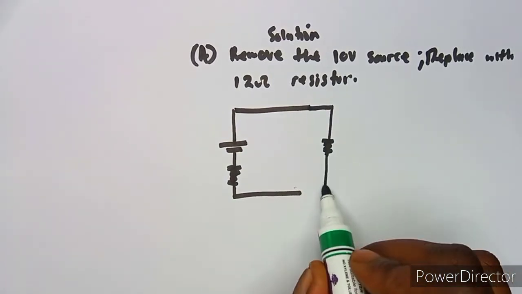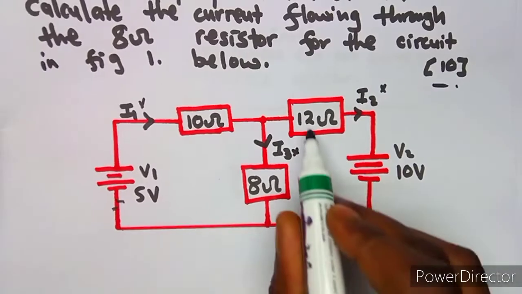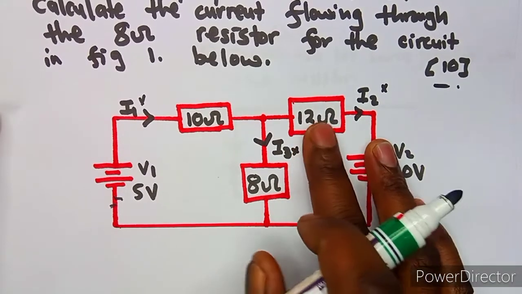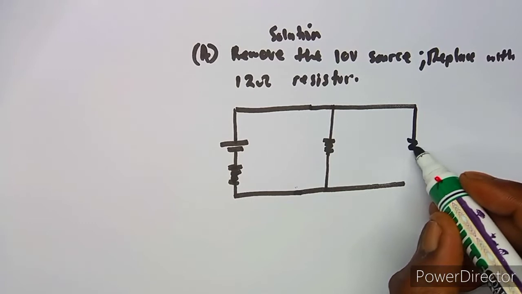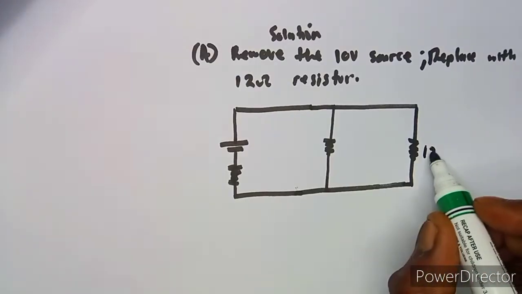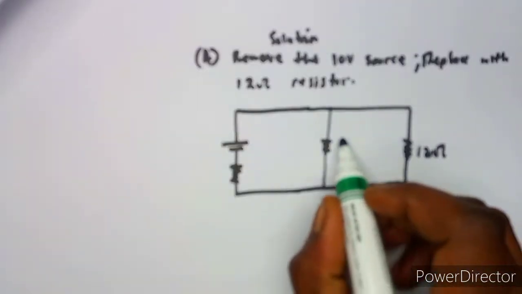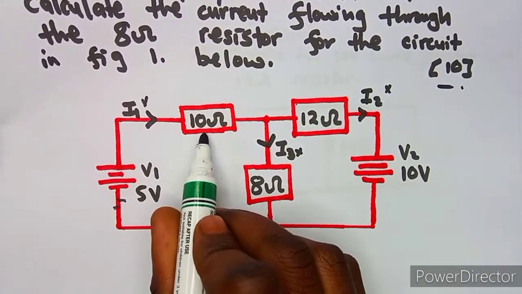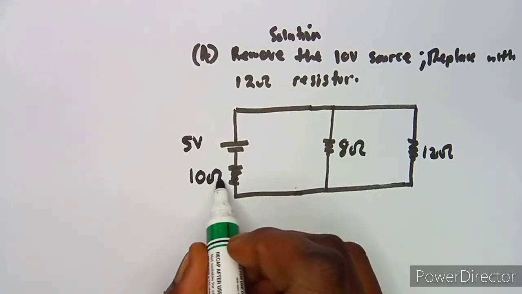Because we have removed the source, but there is an internal resistance here, you put that internal resistor, so you've got 12 ohms here, 8 ohms. Then here we've got 5 volts and 10 ohms.